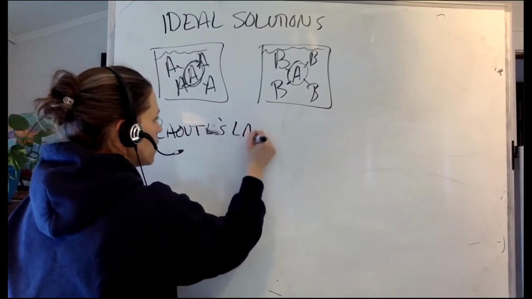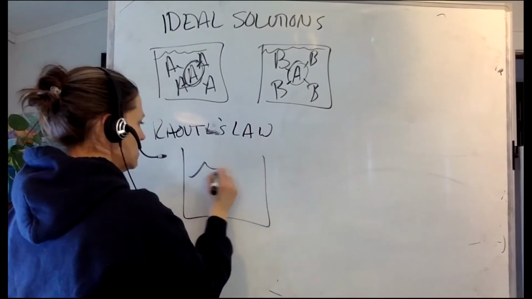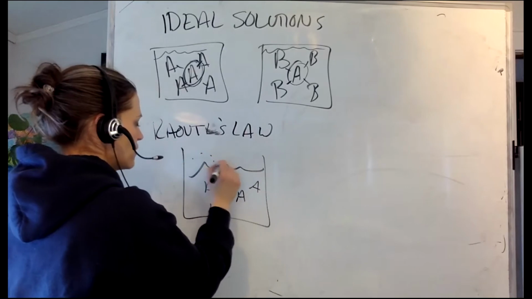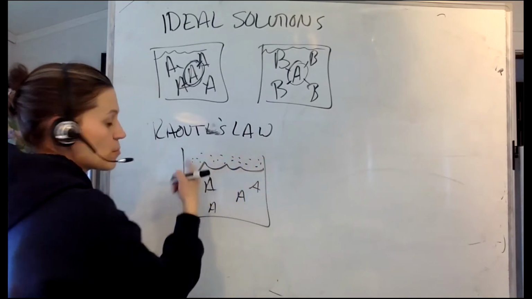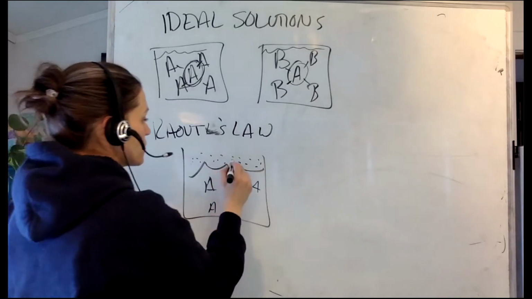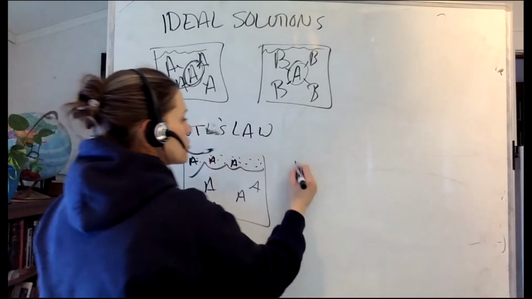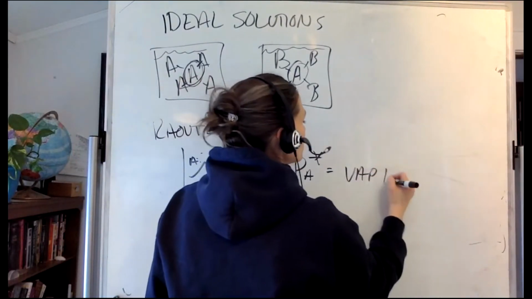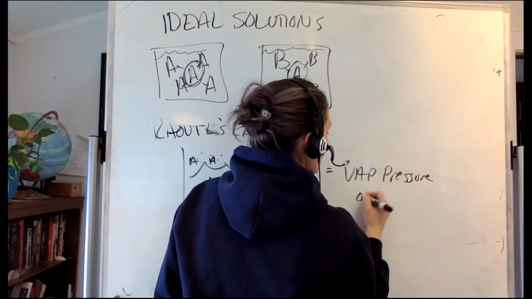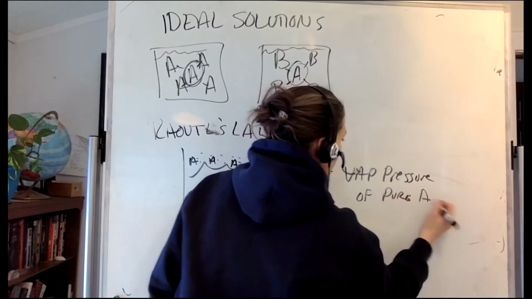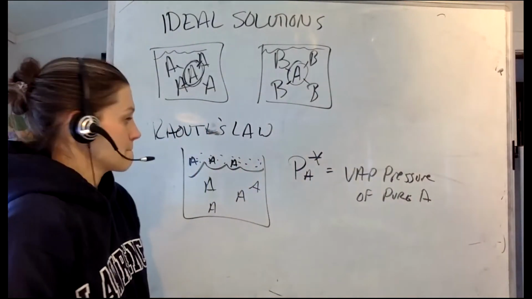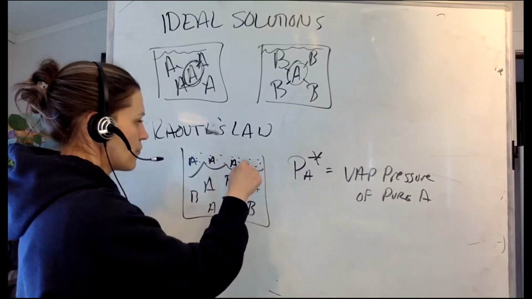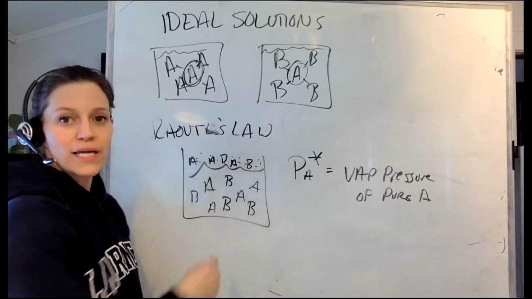Raoult's law says, here's a bunch of A's, and there's going to be a bunch of little A's, the vapor pressure of them, floating up at the top. So PA star equals the vapor pressure of pure A. But if I have a couple of B's in the mix, there might be a few B's at the top.